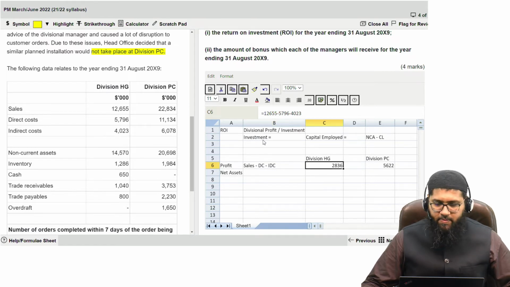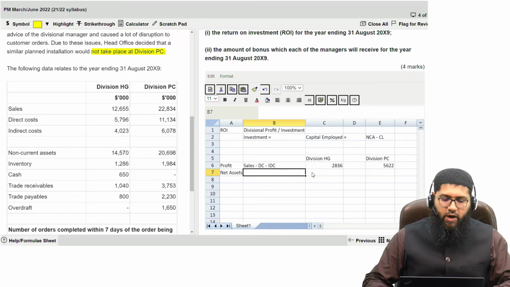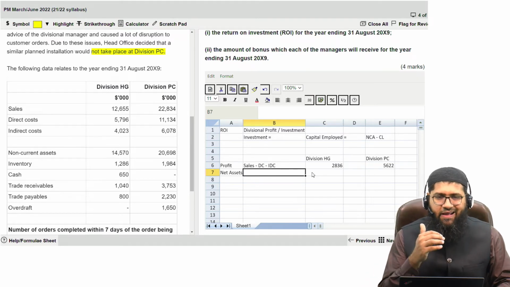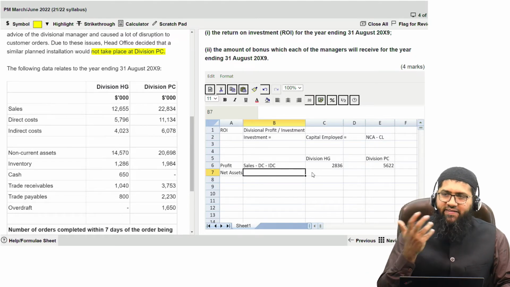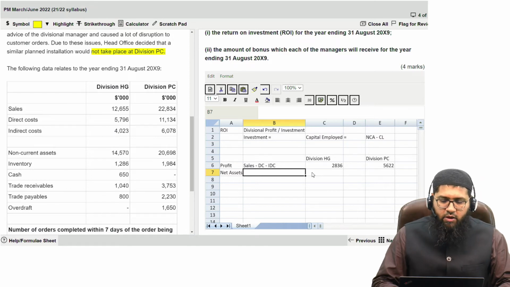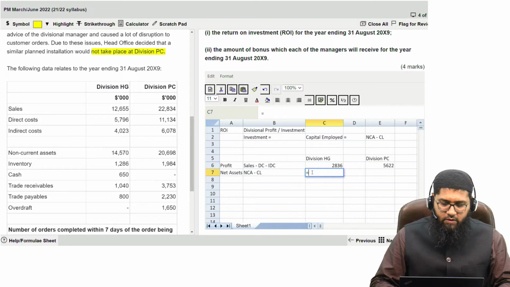Okay, thank you. Now, the net assets are going to be what? Net assets means assets minus liabilities, and assets minus liabilities is equivalent to equity. So it could actually be non-current asset minus current liability. So it's going to be 14,570 minus current liability, which is 0.